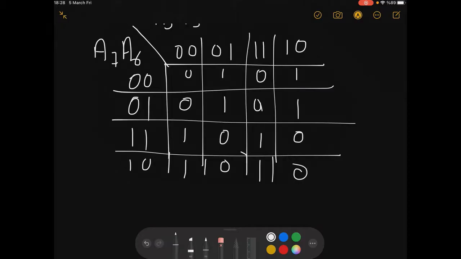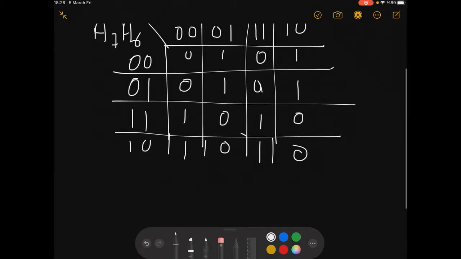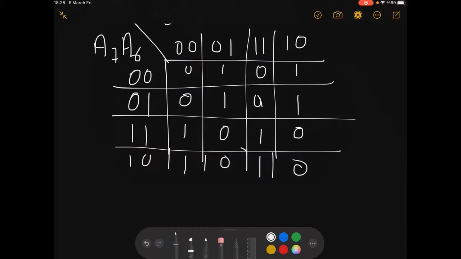All right. So if you do a K-map optimization directly, what will we have here? Let's take a look at this one.